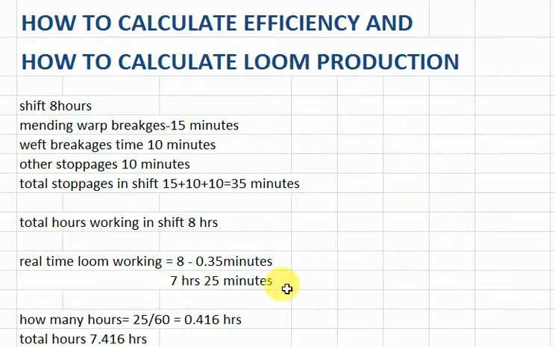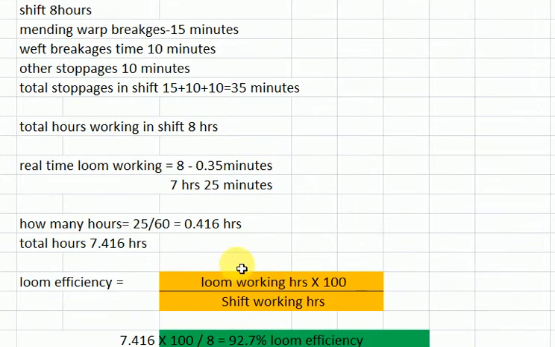So these 25 minutes have to be taken in hours. How can we take it? These 25 minutes divided by 60 minutes, so we get 0.416 hours. So total hours is 7.416 hours the loom worked.